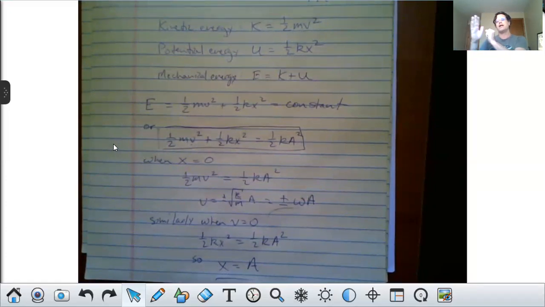When it goes back, as the spring is decompressing, it's gaining kinetic energy, losing potential, until its maximum speed occurs when x equals 0. Then it goes the other way and just exchanges kinetic and potential energy as it oscillates back and forth. So all oscillating systems do this. We may not have a spring potential energy depending on what it is.